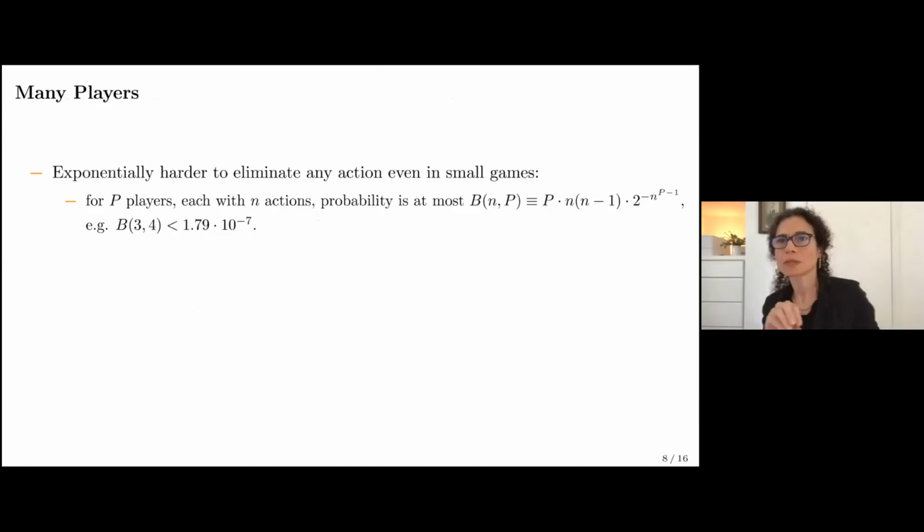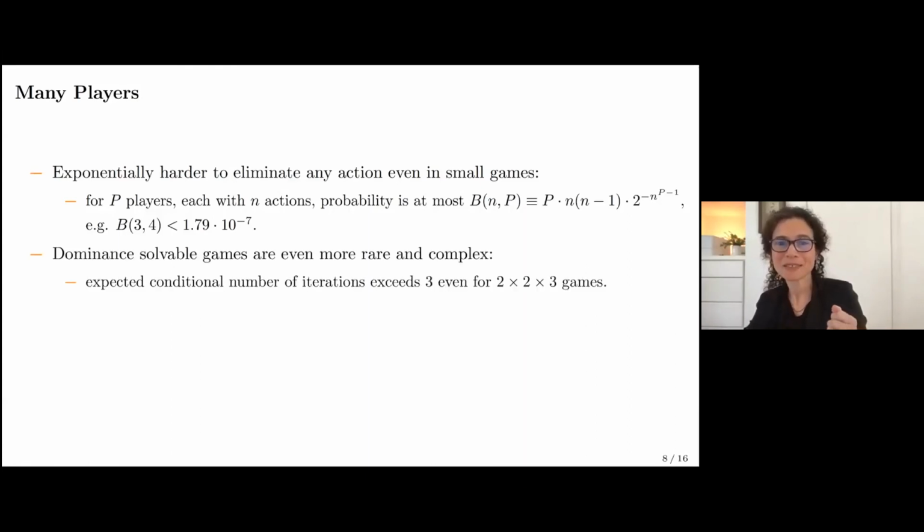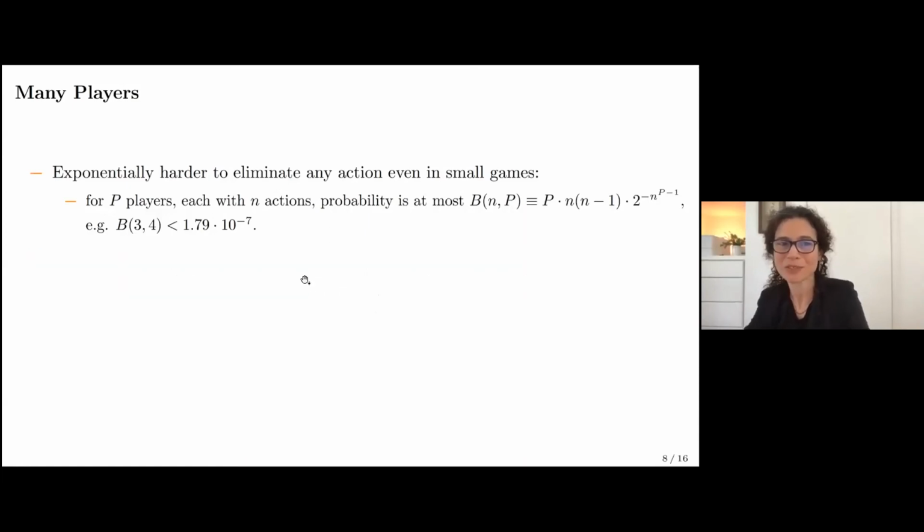If you have three players, for example, each one will have an action set. Clearly, if one of them has only one action, you're back to our setting. If one of them has two actions, then it's a little bit more complicated. And as it turns out, even when you look at 2x2x3 games, the probabilities and the number of iterations become quite large. So the probability becomes very low.